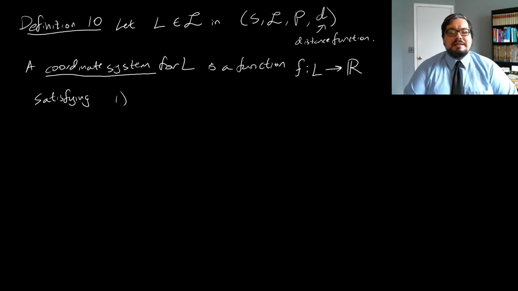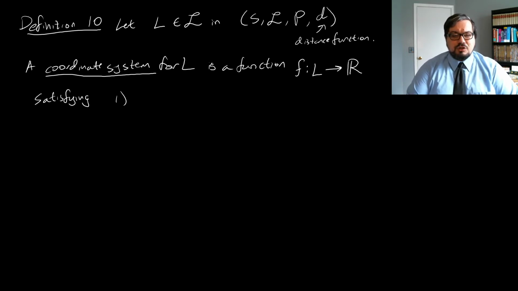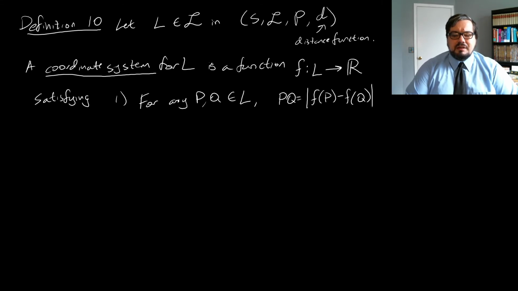The first is that this function has to measure the distances between points. So the first thing is that we want for any P and Q in L, the distance from P to Q is equal to the absolute value of the difference between the images of those points under this function f, otherwise known as the coordinates of those points.